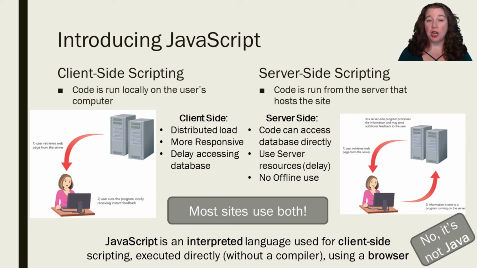So it's usually in JavaScript or some sort of scripting language, and it distributes the load for the script. So everything in the script gets run locally on the user's computer as opposed to being on the server. It responds quicker because you don't have to go over to the server and come back and over to the server and come back. But it does make it a little harder to access databases or data structures that are over on your server side.